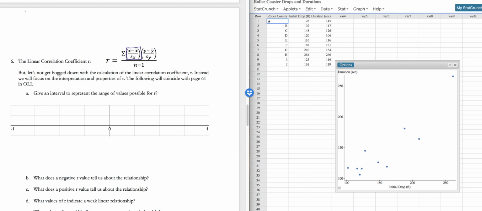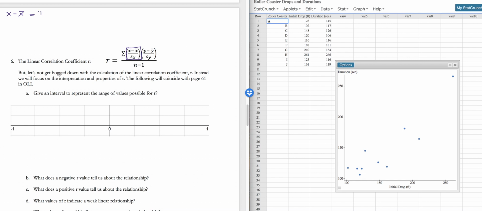So let's dissect that for just a moment. Let's start with the top, x minus x bar. Let's remember that x is our piece of data, x bar is the mean, and subtraction calculates distance between two things for us.